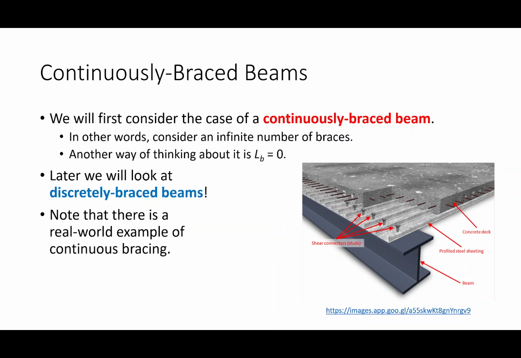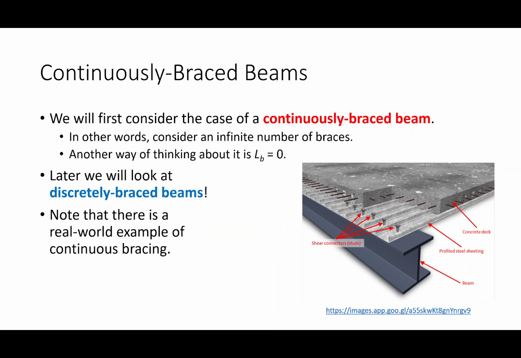A discretely braced beam would be something like that, where there's a defined number of braces, okay? The first thing that we are going to consider, though, is a continuously braced beam. Think about a beam with an infinite number of braces. So much so that if the beam was continuously braced, we would take LB to be 0, okay?